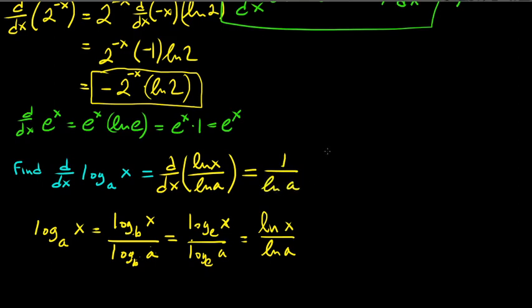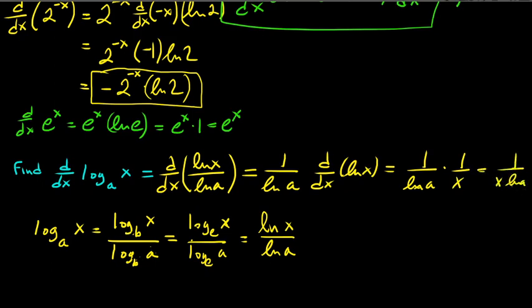Constant times function rule, right? 1 over log a times the derivative of log x. But the derivative of log x, hopefully by now you know that it's just 1 over x. And so there's our derivative. It's just 1 over, I'll put the x in front, x times log a.